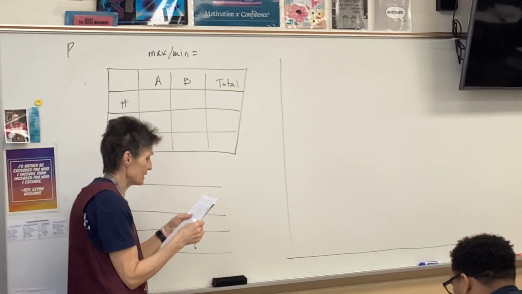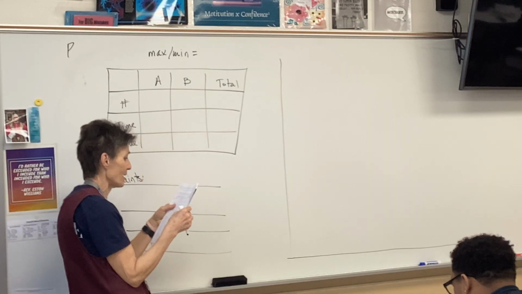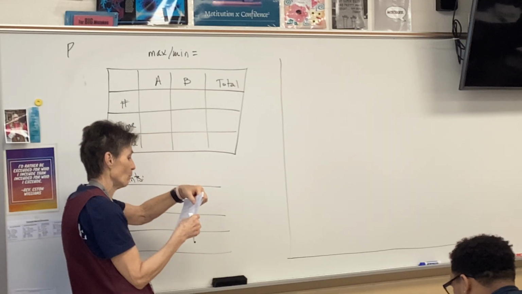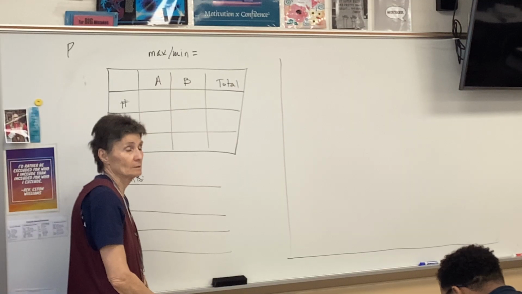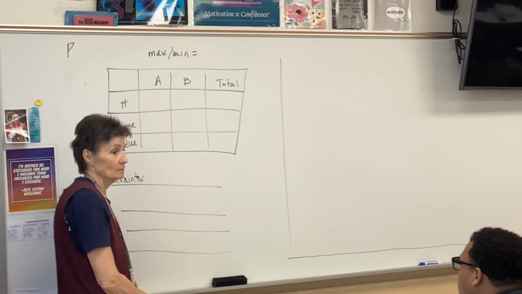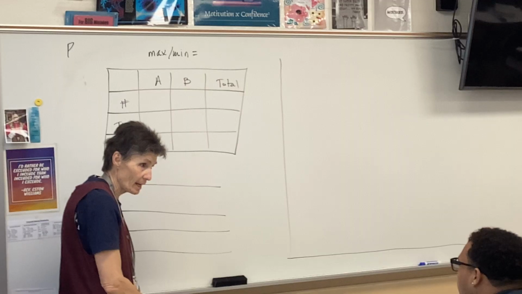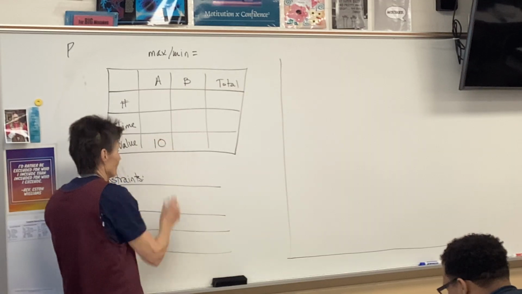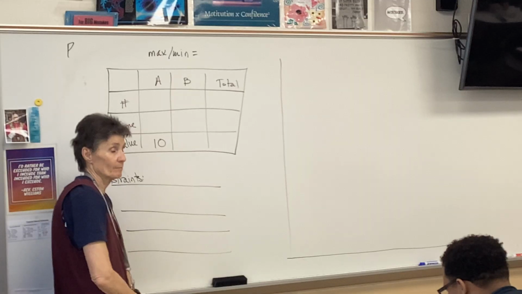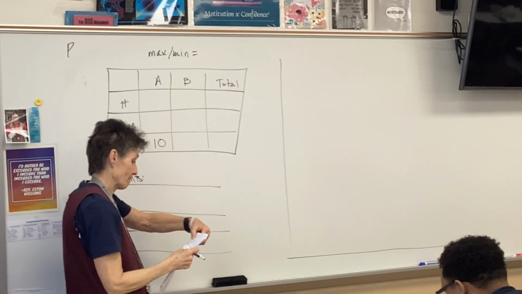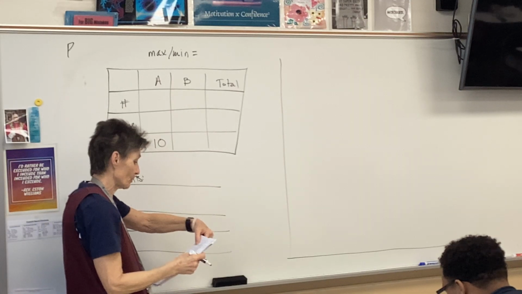You are taking a test in which items of type A are worth 10 points. All right, where is the 10 going to go? Value of A, right here. In the value A spot. Items of type B are worth 15 points.